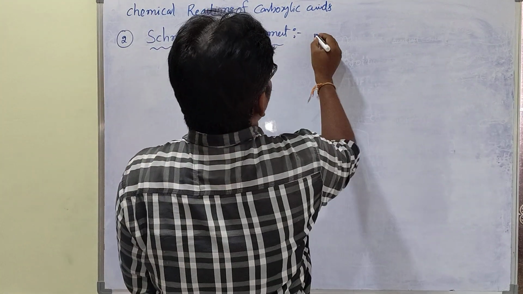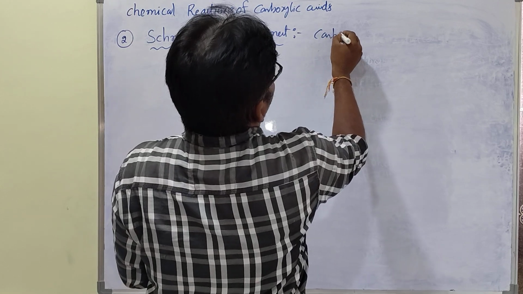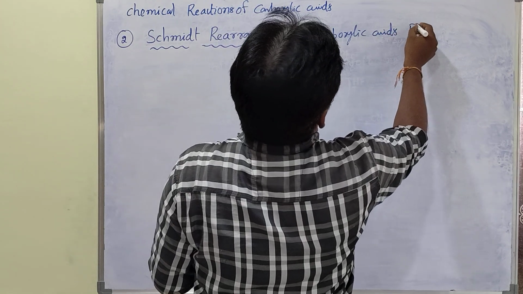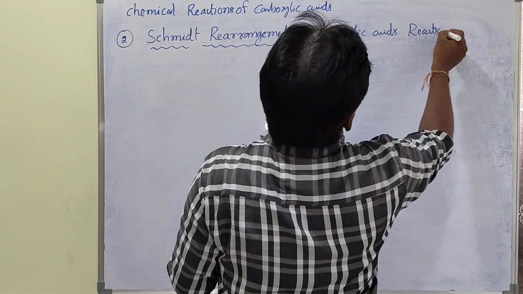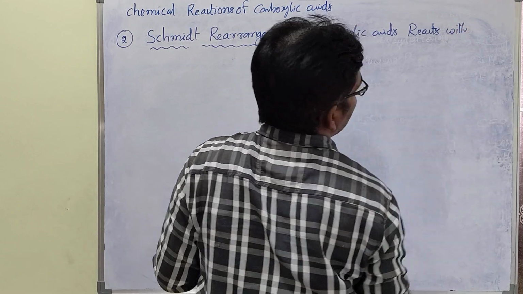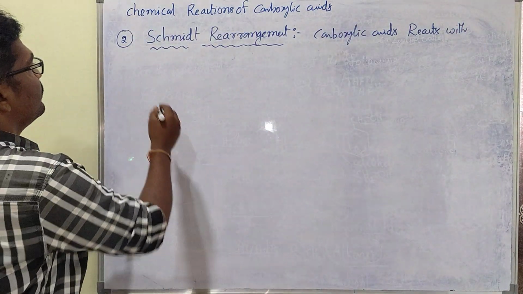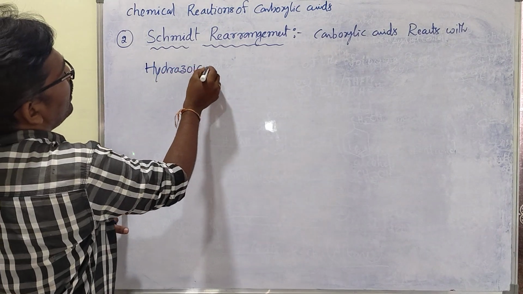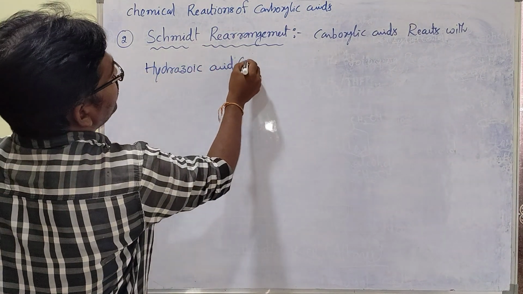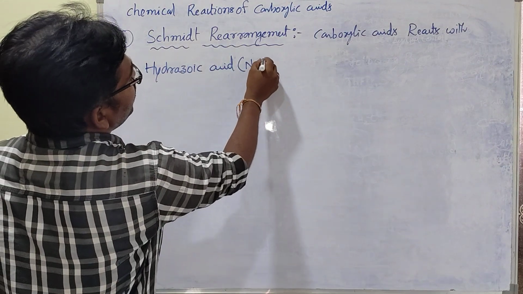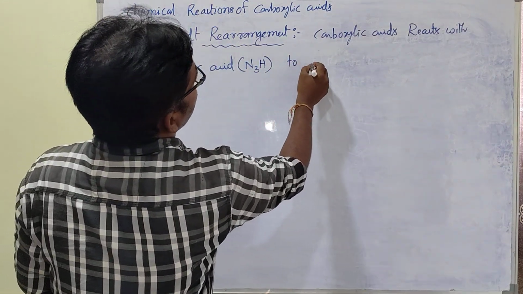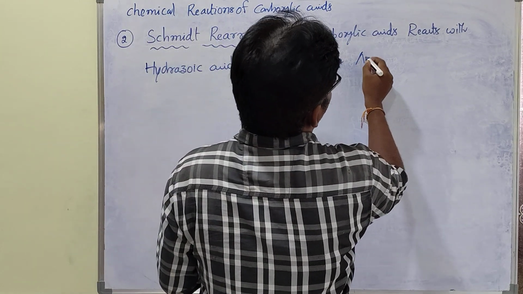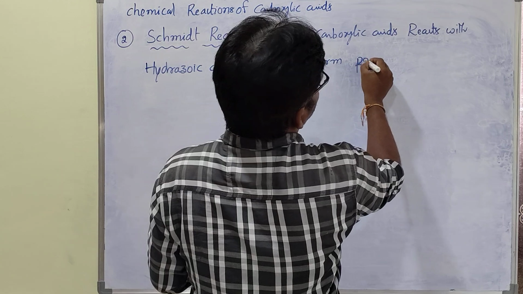Here carboxylic acids react with hydrazoic acid, that is N3H, to form primary amines.